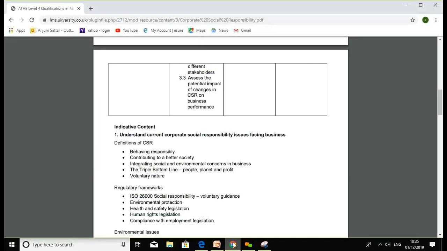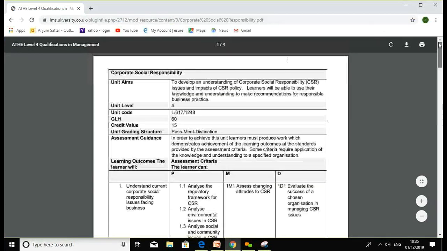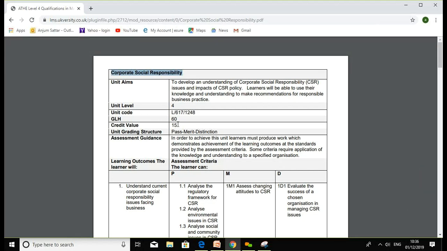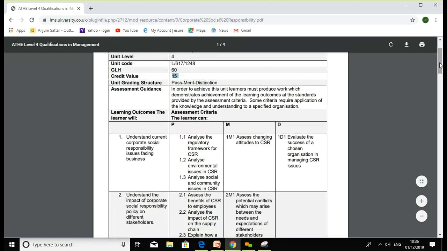Before starting, we'll go through what we're supposed to learn under this module. Corporate social responsibility is a level 4, 15 credit unit. There are assessment criteria: pass, merit, and distinction.